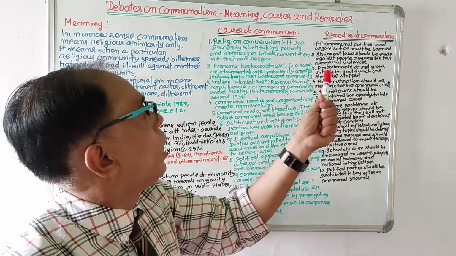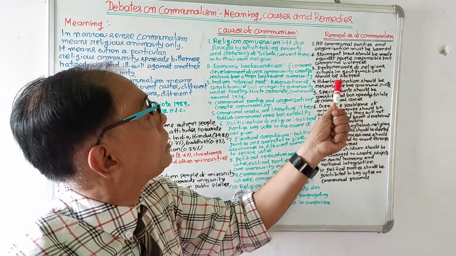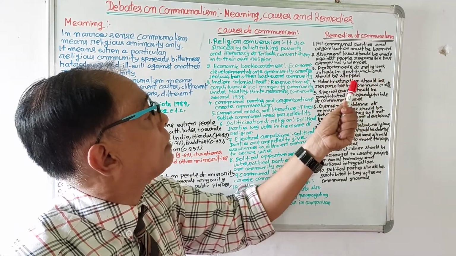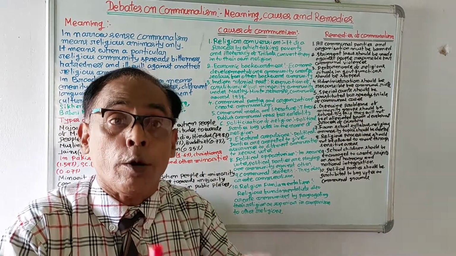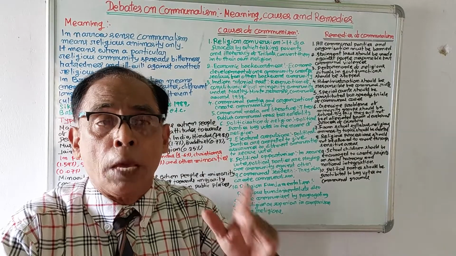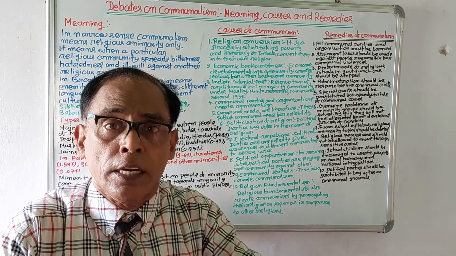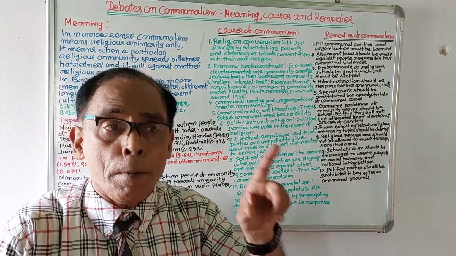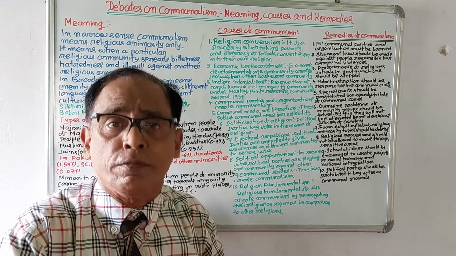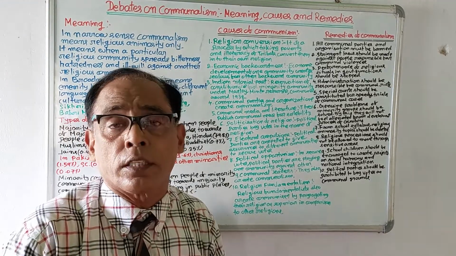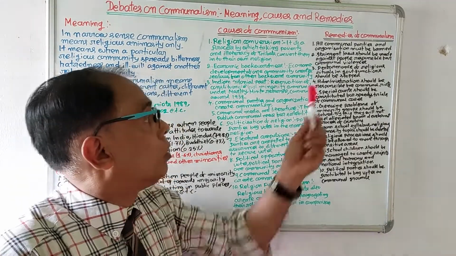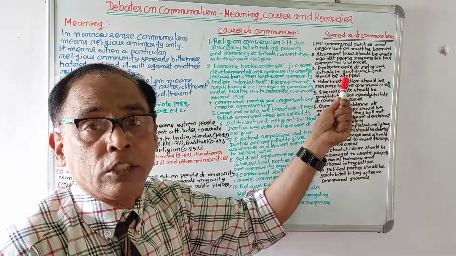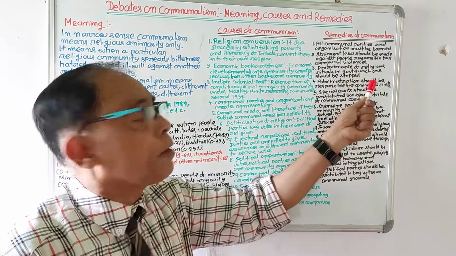Number 3, performance of religious rituals in government functions should be stopped. In government functions, there should not be performance of particular religious rituals. If a particular religious ritual is performed in a government function, people of other religions will feel left out.